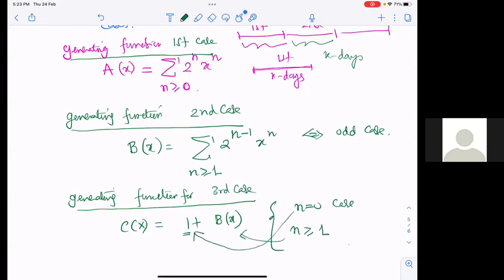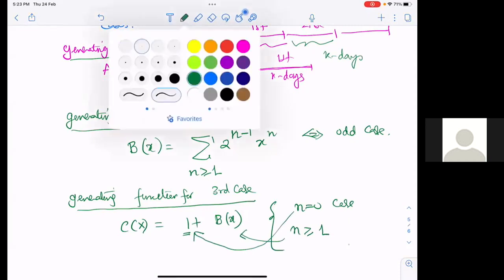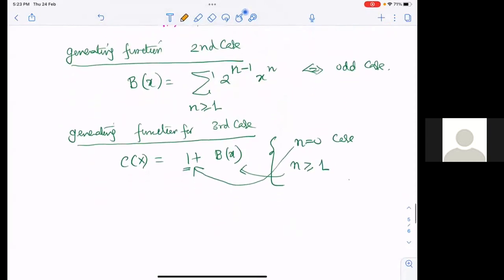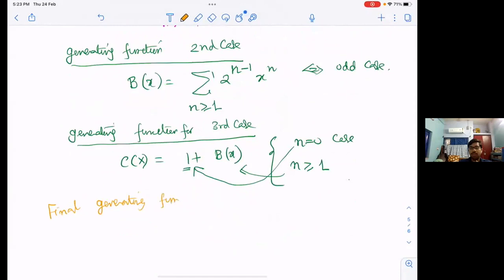So these are the generating functions. Good. Now once we have this, our life becomes very simple. So the final generating function is the product of these three.